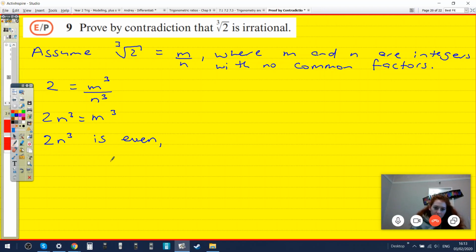Does this mean m cubed has to be even? Yep. So m cubed is even.